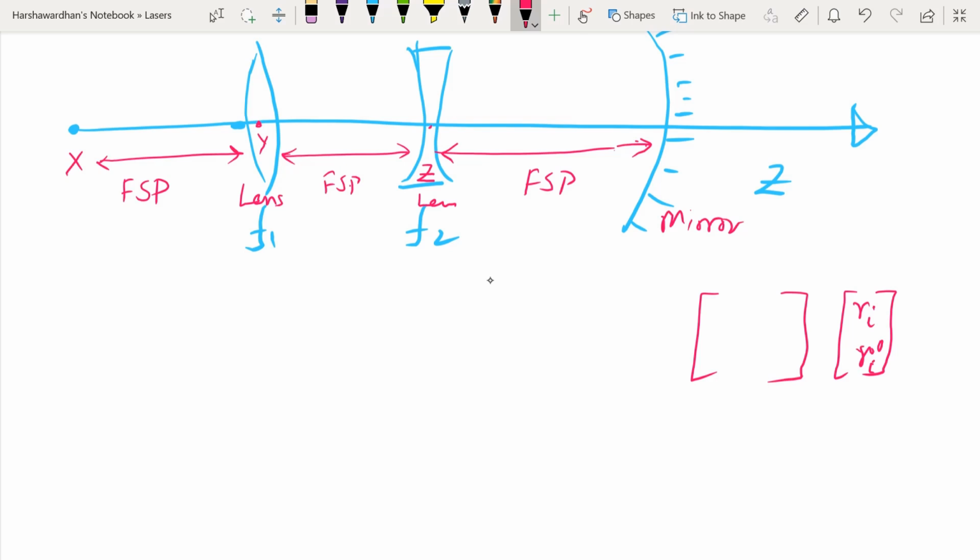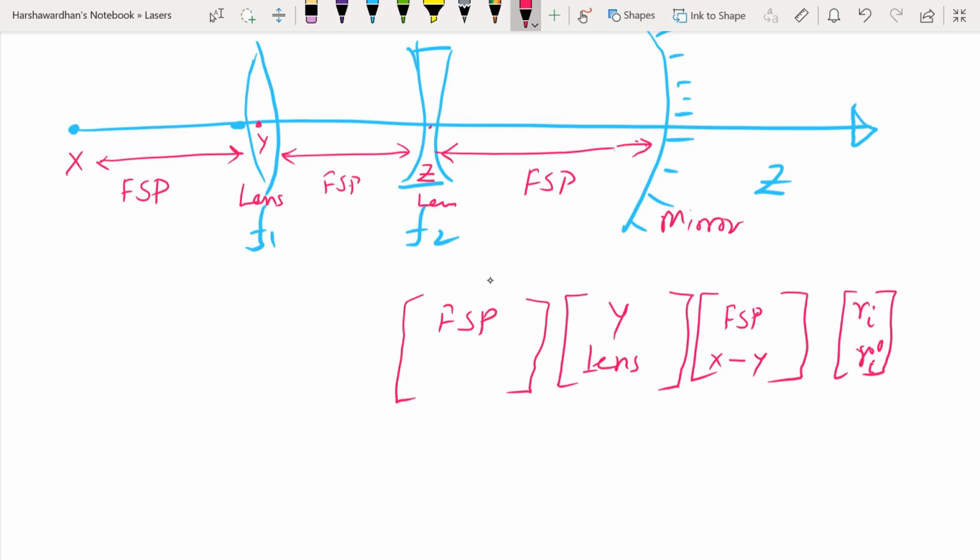I have got, this is the free space propagation matrix from X to Y, followed by the ABCD matrix for the lens at Y, followed by another free space propagation matrix from Y to Z, again followed by the lens at Z, and so on and so forth. I hope you get the point.